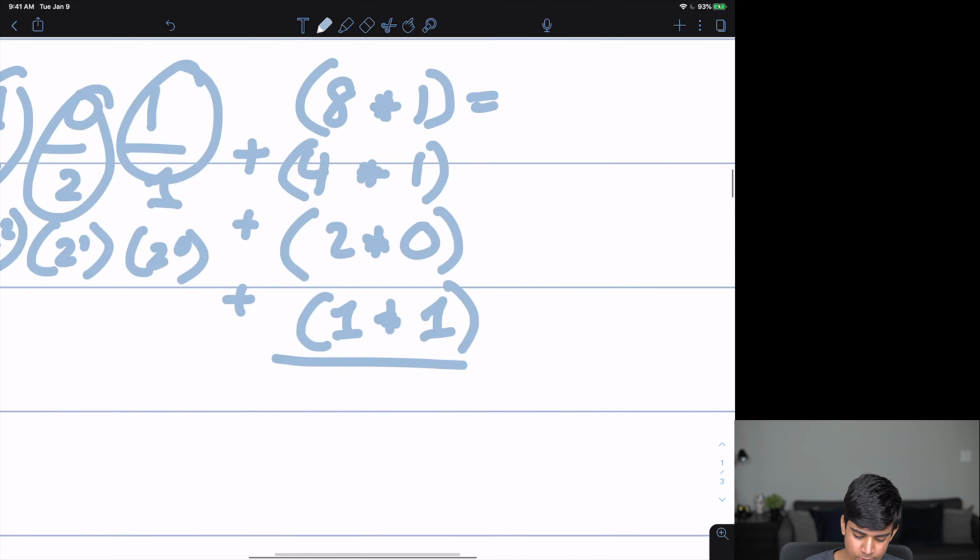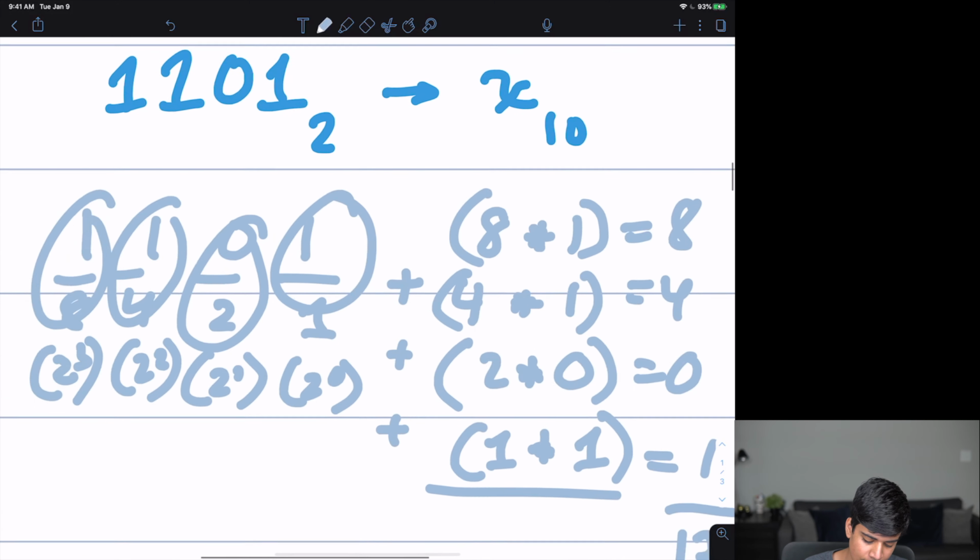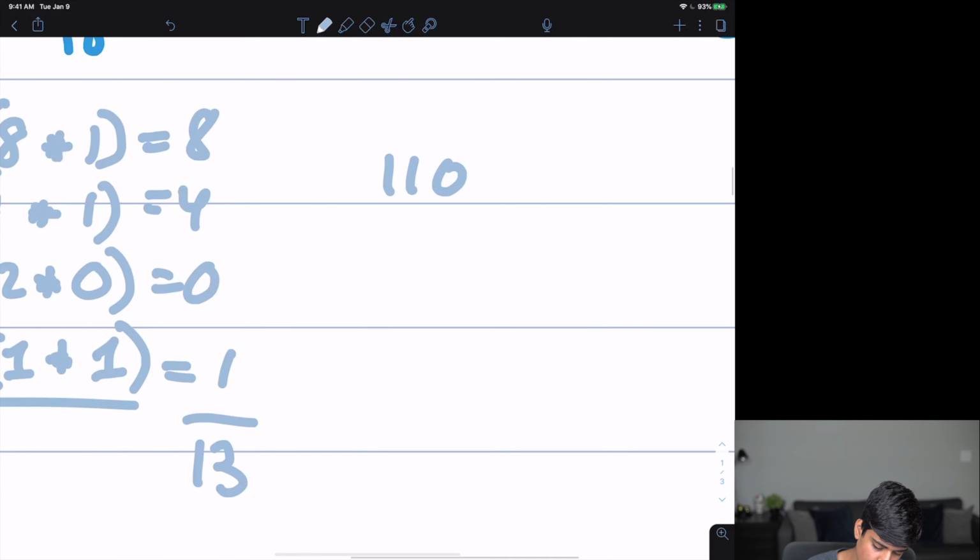And I can do this. This is going to equal 8, this will equal 4, this will equal 0, and this will equal 1. And now I can just add these up. 8 plus 4 is 12. 12 plus 1 is 13. So I can say that 1101 in base 2 is equal to 13 in base 10.